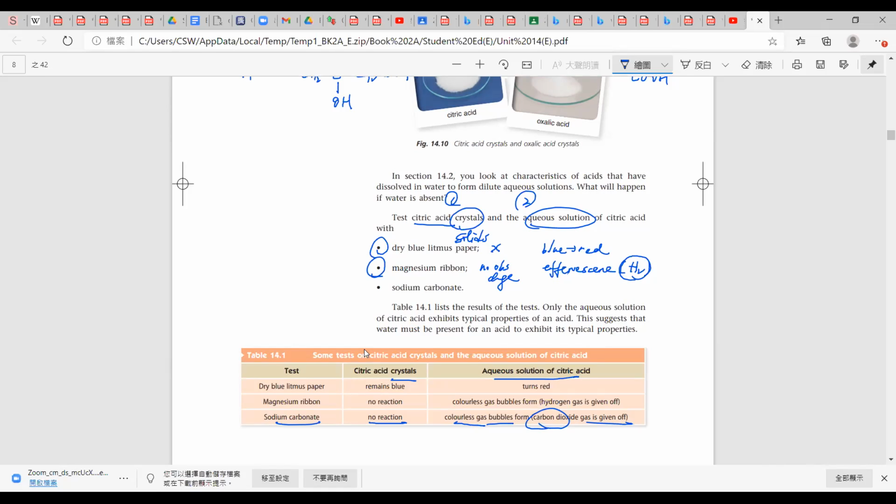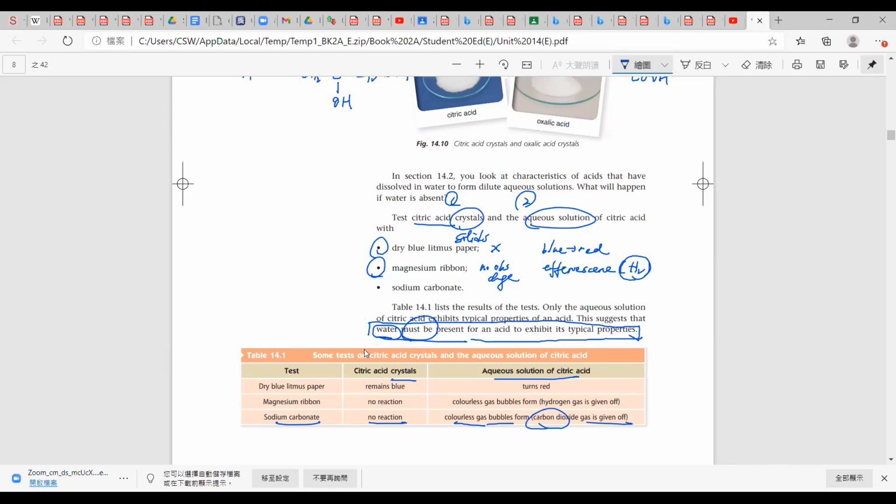In other words, water plays a very important role to make the acid exhibit its typical acidic property. Can you get the point? So the conclusion, all of you please mark down: water must be present for an acid to exhibit its typical property. How do I know that it must be present?